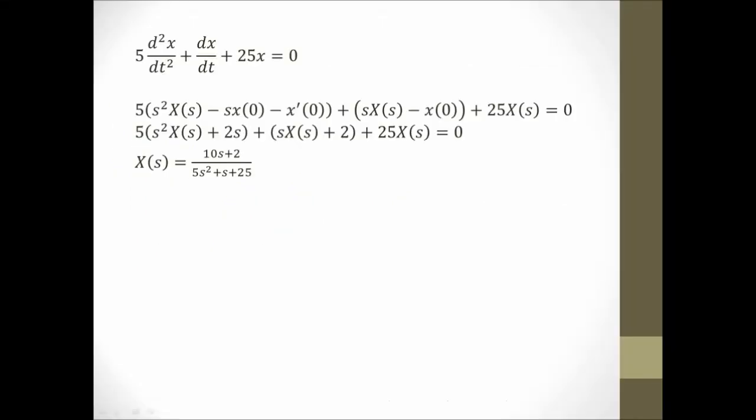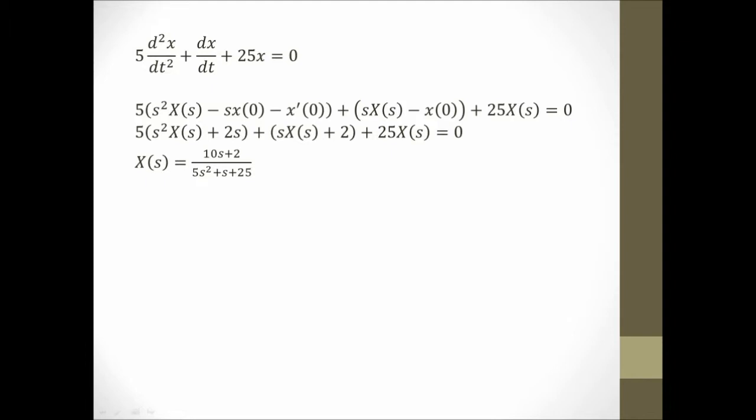Okay, now I am back in the PowerPoint file. Here is the differential equation, and I will take a Laplace transformation. In the Laplace transformation, d squared x over dt squared is s squared times X of s minus s times x0 minus x prime 0.